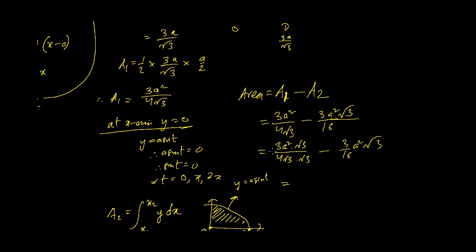So what happens? 3 into root 3 is 3 root 3. Root 3 into root 3 is 3. 4 3s are 12. So that means if we take 3a square root 3 common, it will be 1 by 12 minus 1 by 16.